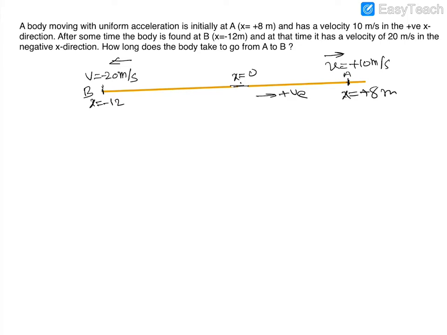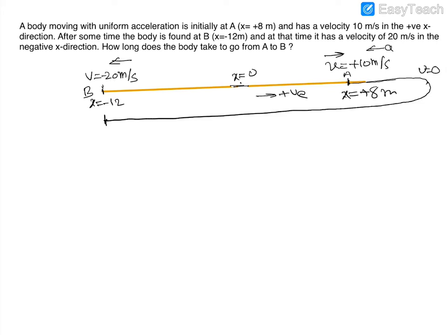So the body must have moved towards right, and at a certain point it must have taken a turn, and then come to point B. When it takes a turn, its velocity must have been 0. Its initial velocity was 10, moving towards right, so its velocity must be decreasing, right? So acceleration must be acting towards left, right?